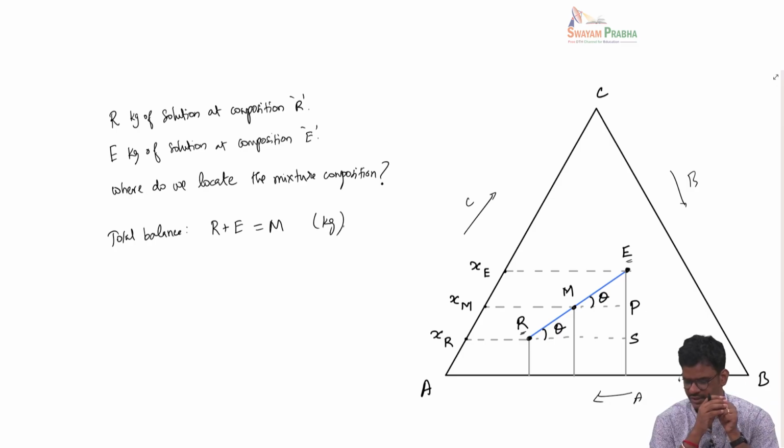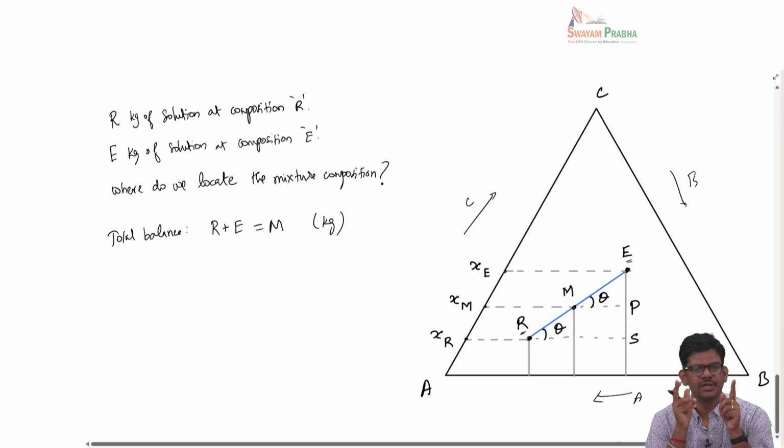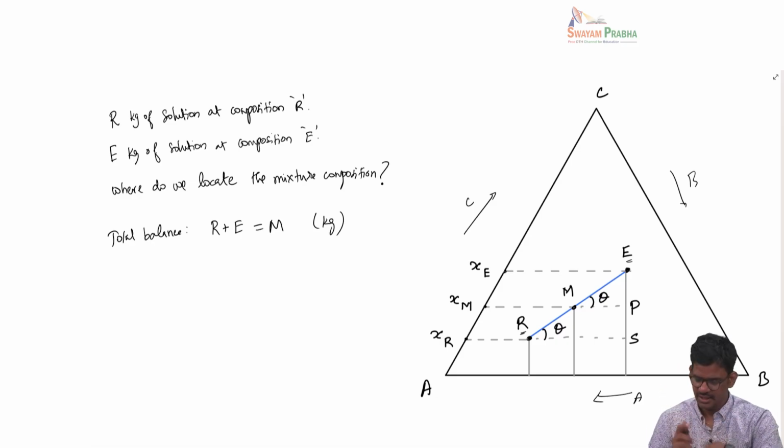Now what we will do is, you see that I have also noted XR, XM, XE to denote the percentage of component C in those solutions.